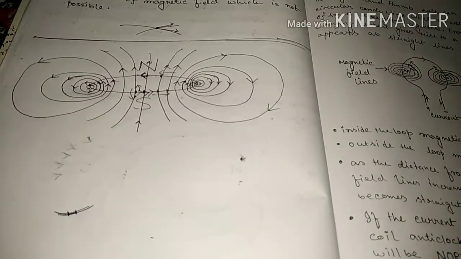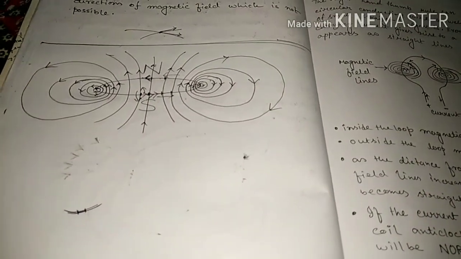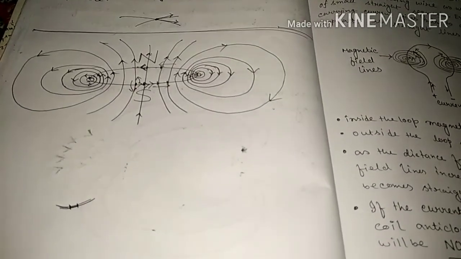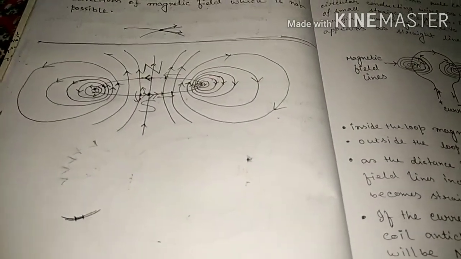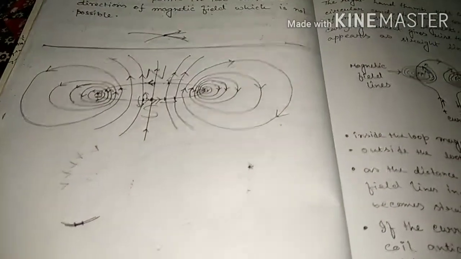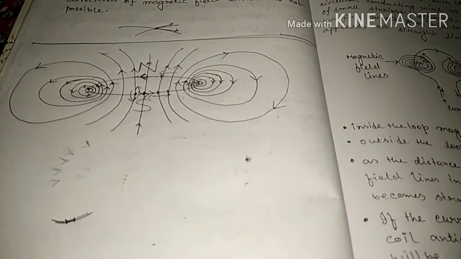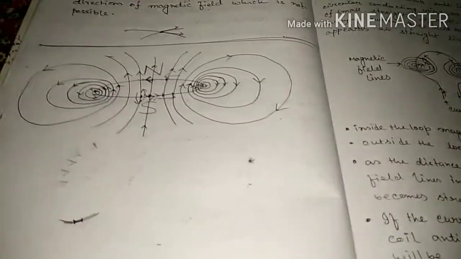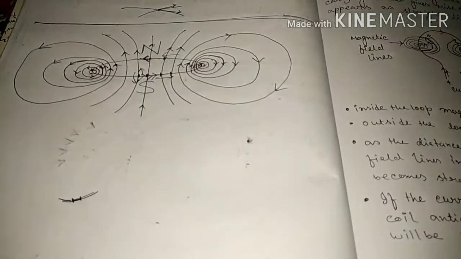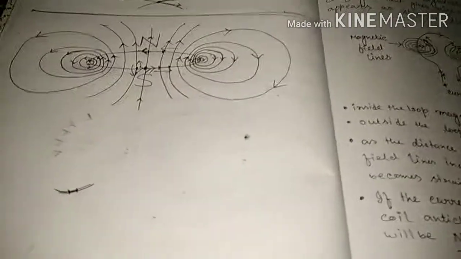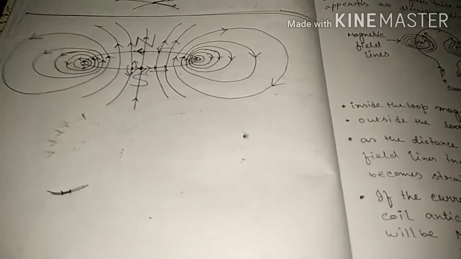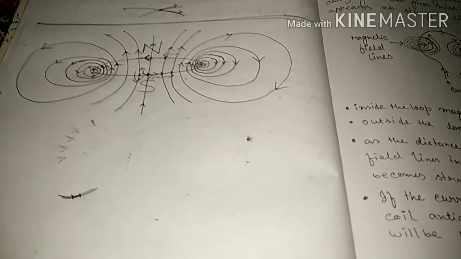If the current is more, the magnetic field is also more powerful. So in these two ways we can increase the strength of the magnetic field, or the magnetism. The power of the magnetic field is called magnetism.